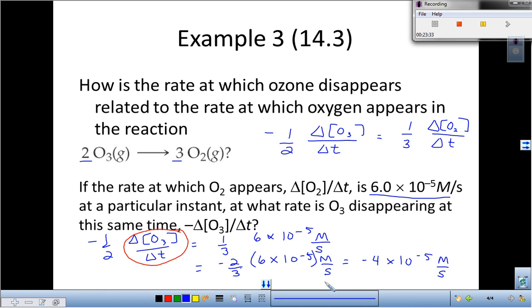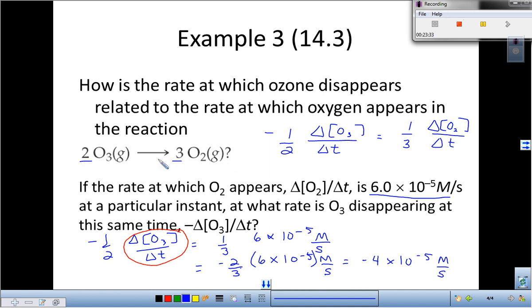Does that make sense? Is the rate of disappearance supposed to be smaller than the rate of appearance? What are we making more of? We're making more O2. So this is going to show up faster. Why? Because it's got 3.